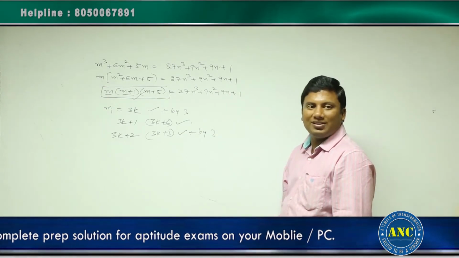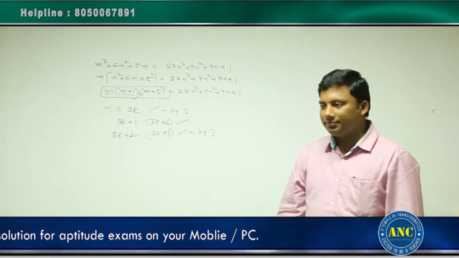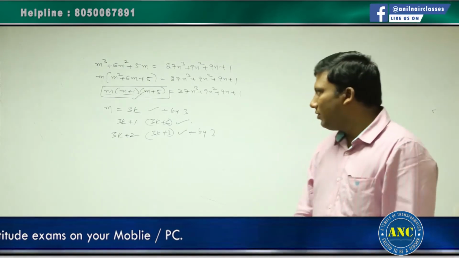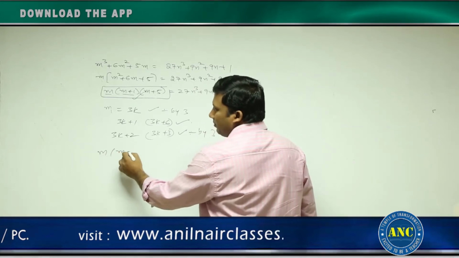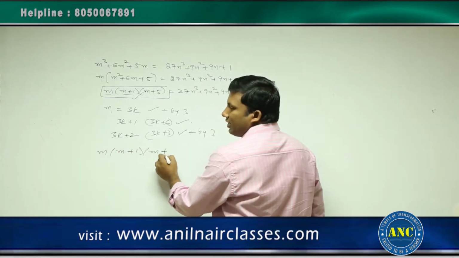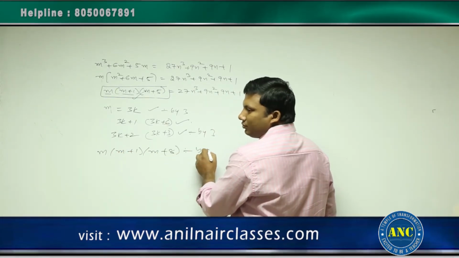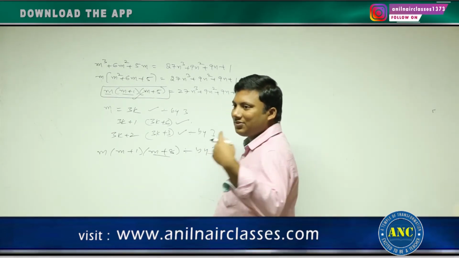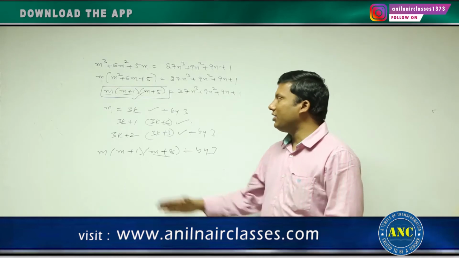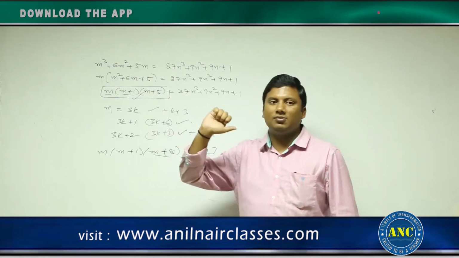Is 1 divisible by 3? No. When I write it like this, m plus 1, m plus 8, it is also divisible by 3, because m plus 8 is 3 more than m plus 5.